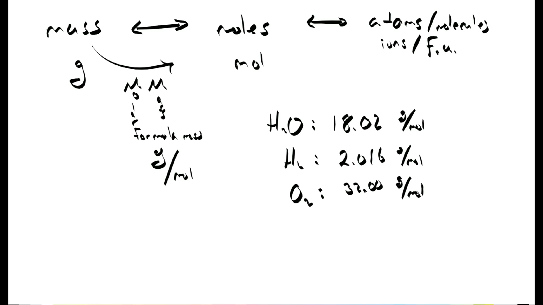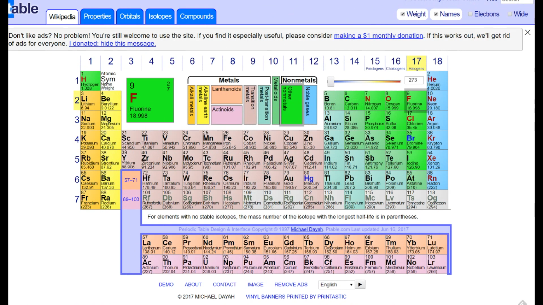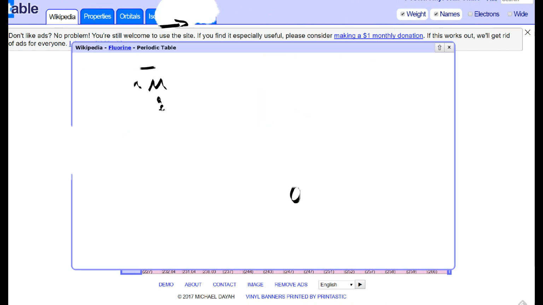And these all come straight off of the periodic table. Hydrogen fluoride. Well, hydrogen is 1.008. Fluorine is up here on the upper right, and it has a formula mass of 18.998.